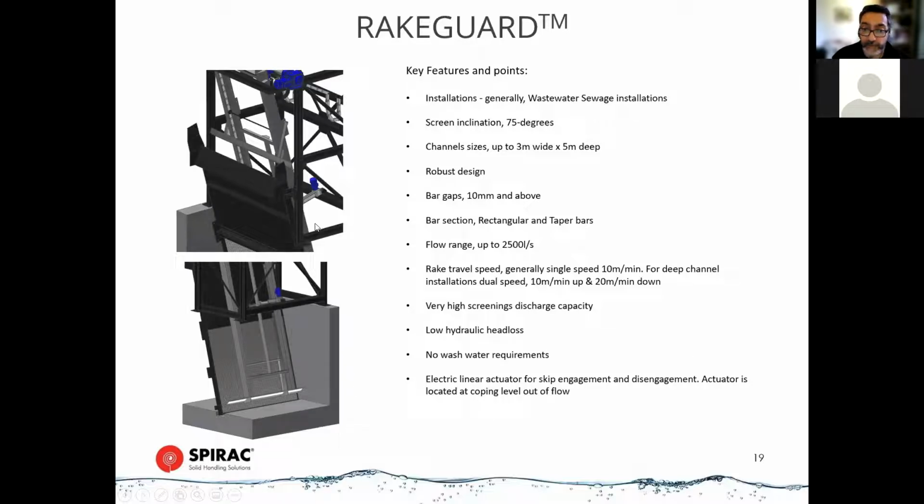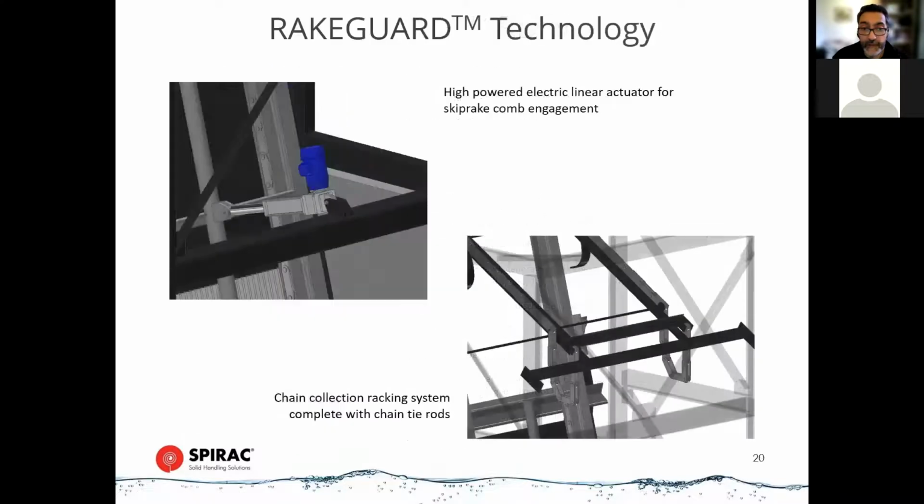Now when the screen is not cleaning, everything is arranged at the top of the screen out of the flow, so you're not getting a buildup of debris on any of the rotating parts. As I mentioned, this actuator here is what engages the rake, and there's a chain mechanism here which allows it to lower as the screen's operating.